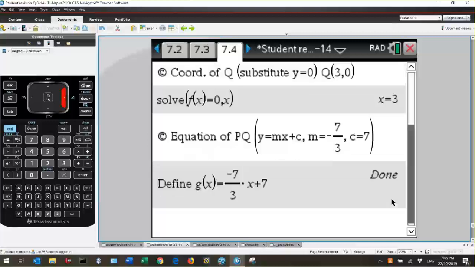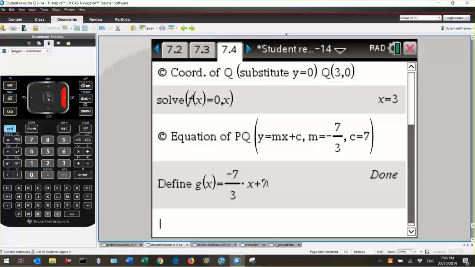Now, having established those, we can then find the equation of PQ. Now, it's just y equals mx plus c, so you can certainly do that in your head. The line has got a negative gradient, and it's a rise of 7 for a run of 3, and obviously the y-intercept of the line is 7.